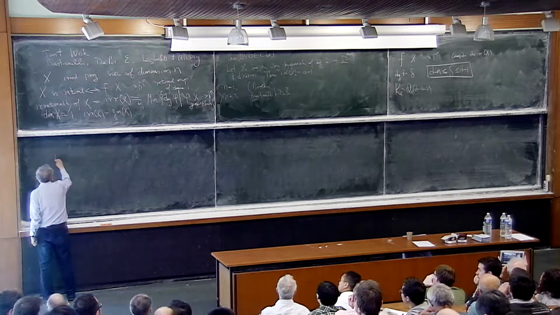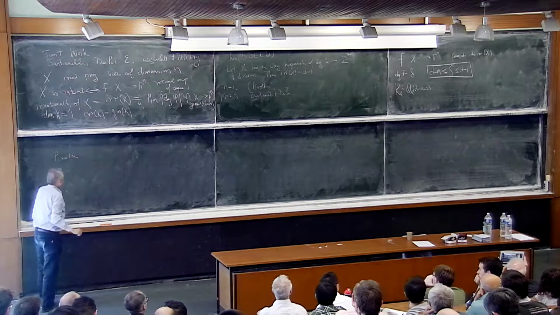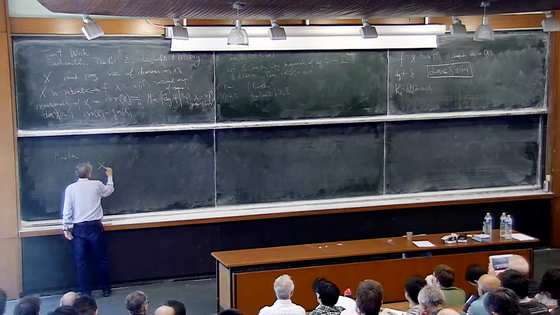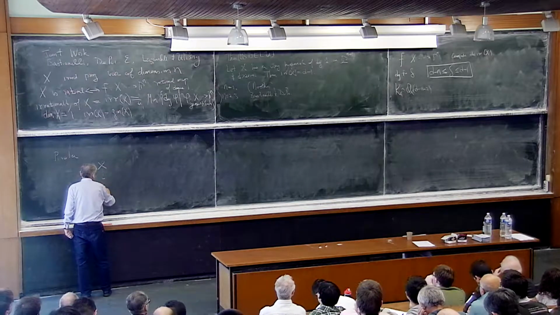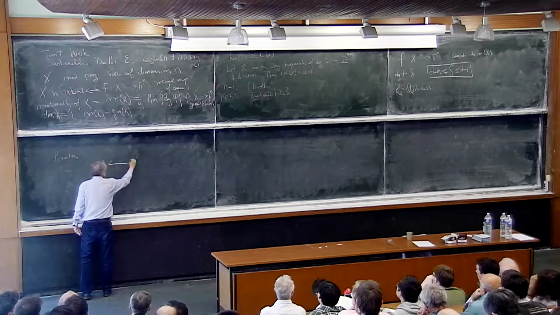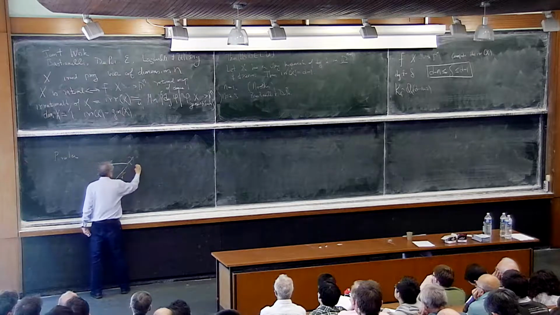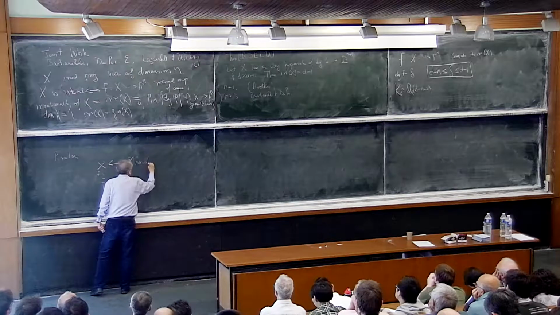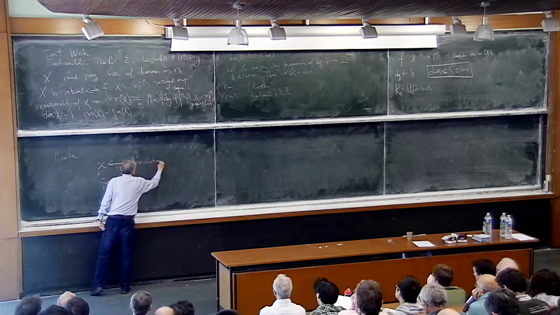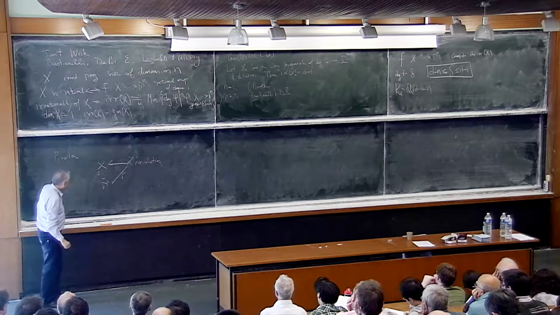Now, the observation due to Bastianelli is the following. You have this map from X. It may not be a morphism, but you can resolve it, making this a birational map, and this becomes a morphism.